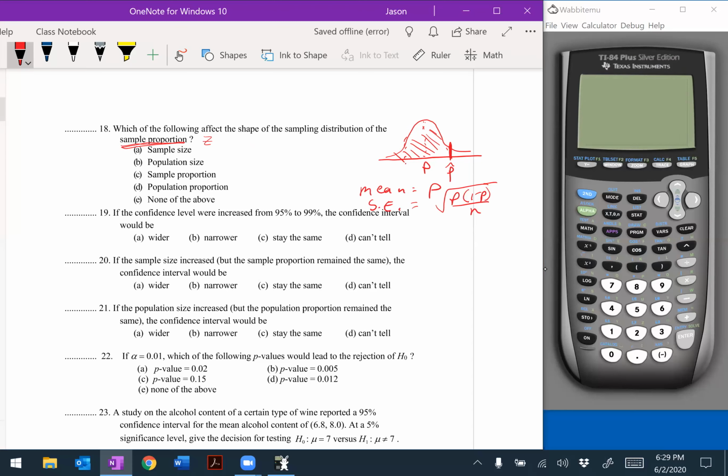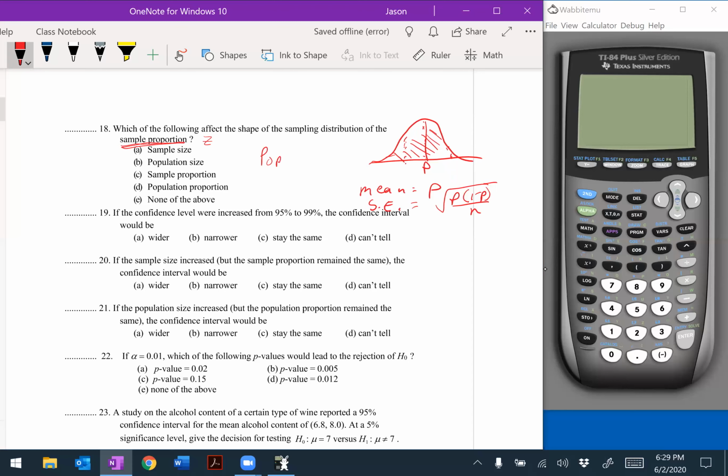So what are the two things that define this shape? p hat doesn't define the shape. Just p and n. That's it, just p and n.